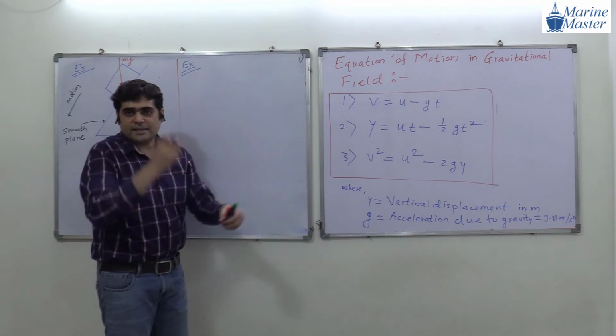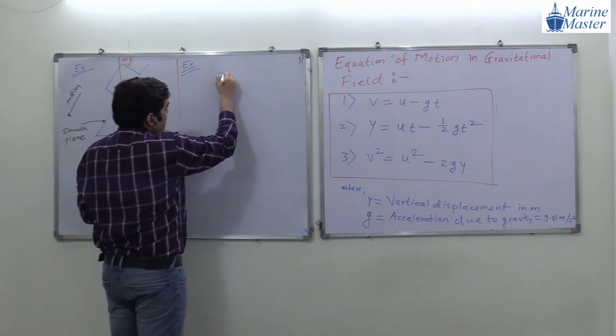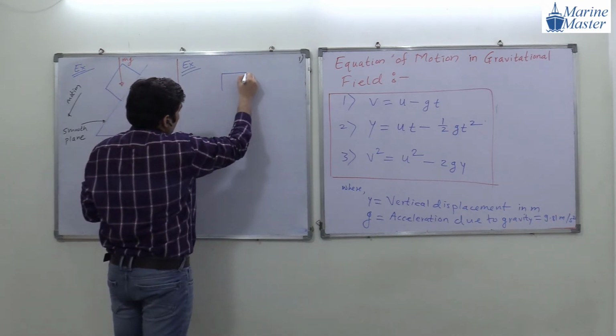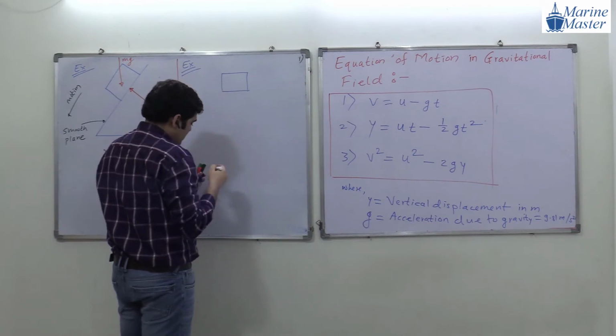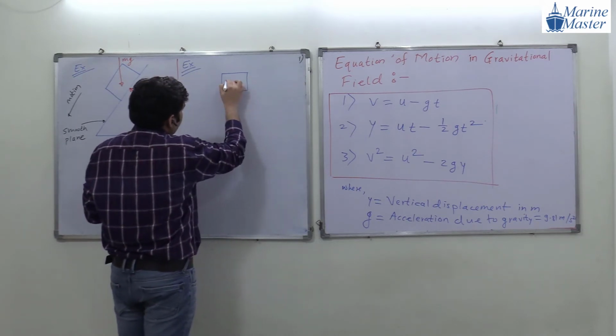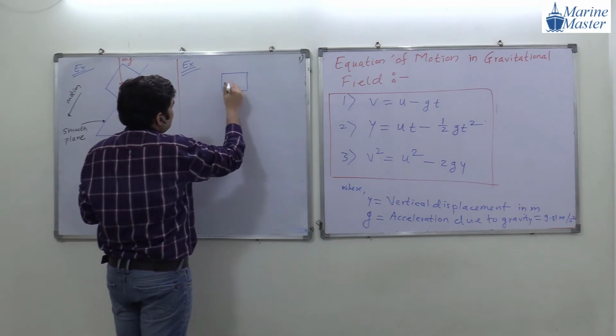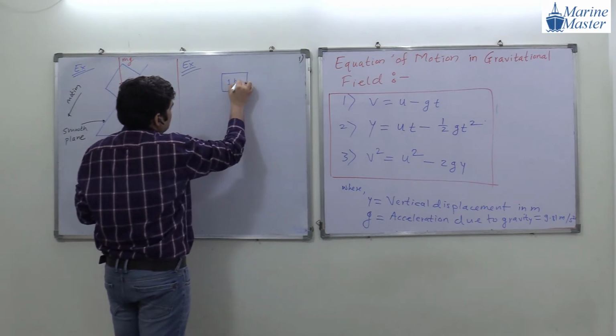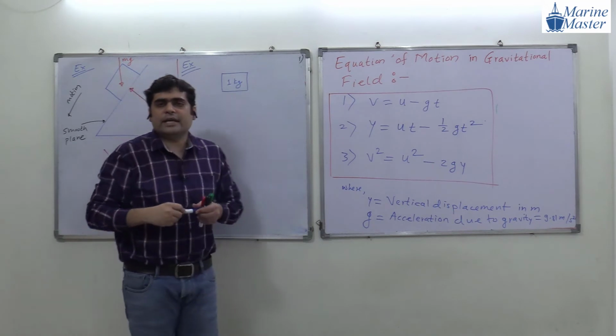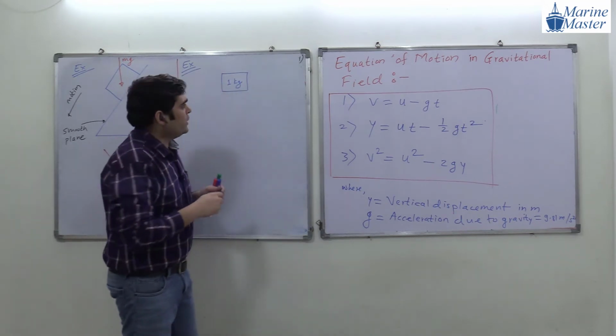Suppose an object is going down. Suppose there is a mass of 100 kg, or, since 100 kg is a very huge mass, just a 1 kg mass.